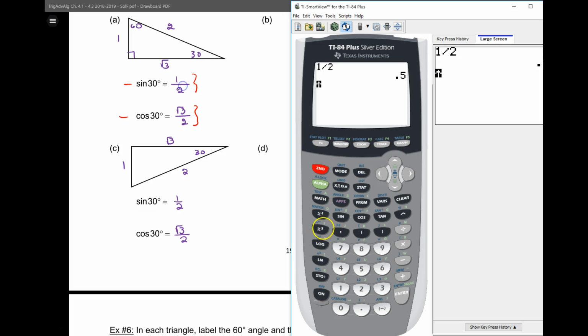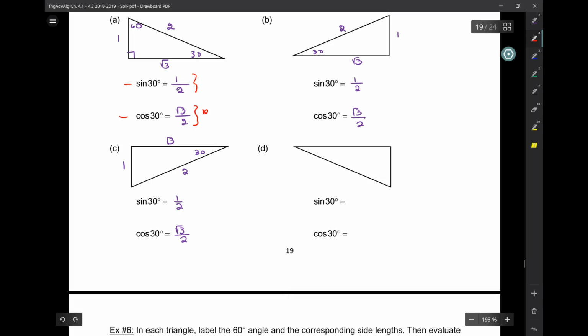And then if I have root 3 over 2, that's 0.866, right? So of these, the root 3 over 2 is bigger, and this is smaller. Okay? So think about that.